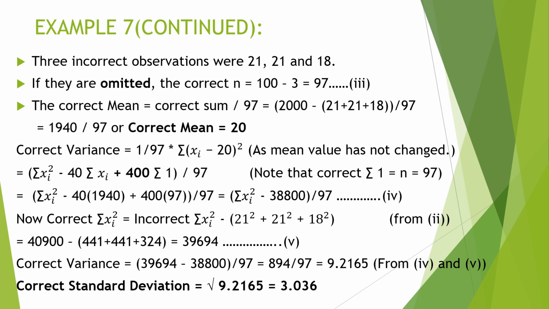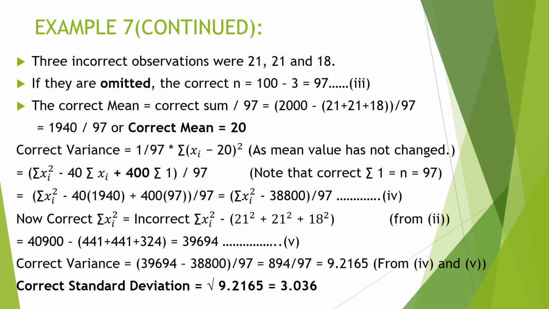For finding the correct mean, we have to do the correct sum upon the total number of observations now, which is 97. How will you find the correct sum? Old sum was 2000, subtract the three values which you have removed. So 2000 minus 21 minus 21 minus 18 upon 97. The correct mean will be now 1940 upon 97, which is 20. So first thing we have found, correct mean is 20.